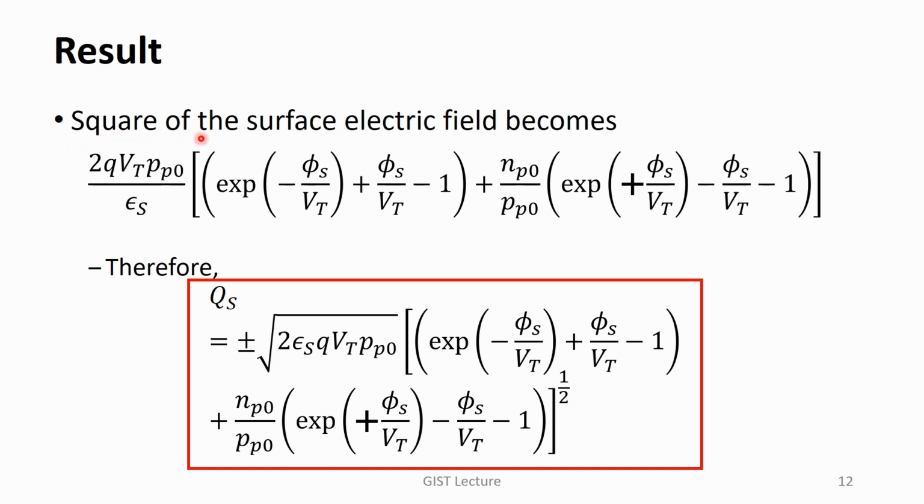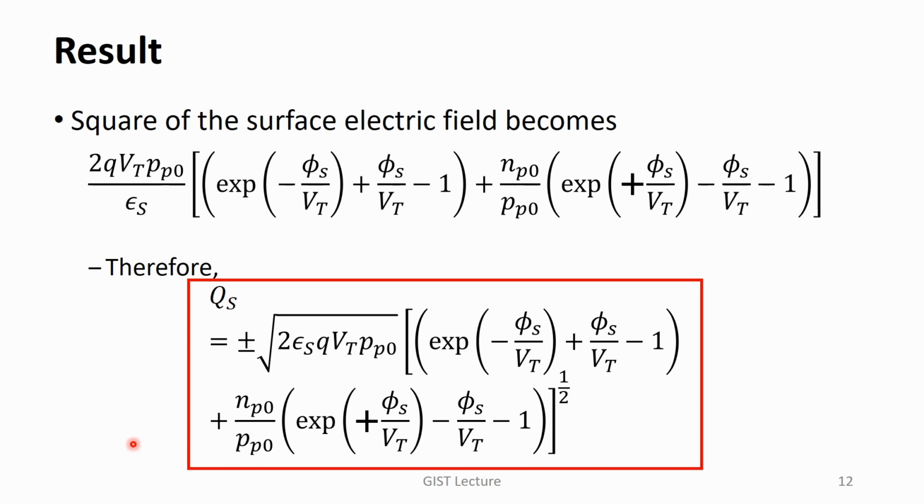Square of the surface electric field is given as this form. Once again, the surface electric field is related with the semiconductor charge. By taking the square root, we finally get an exact relation between Q sub s and phi sub s.